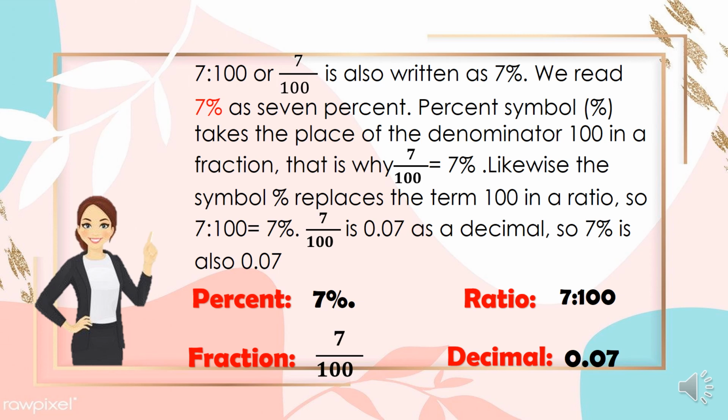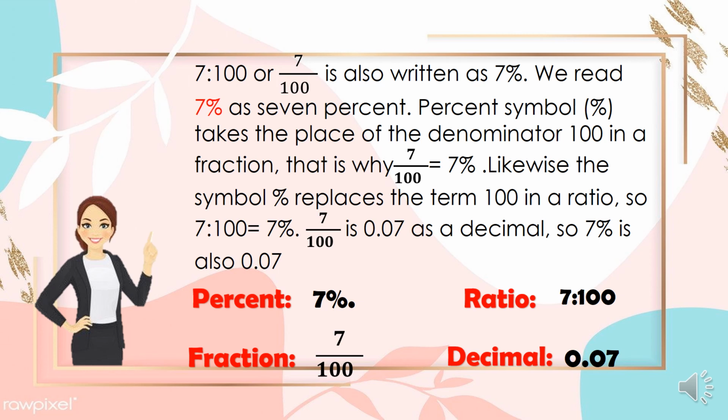Likewise, the symbol percent replaces the term 100 in a ratio. So, 7:100 is equivalent to 7%. And 7 hundredths or 7 over 100 is also 0.07 as a decimal. So, 7% is also 7 hundredths in decimal.